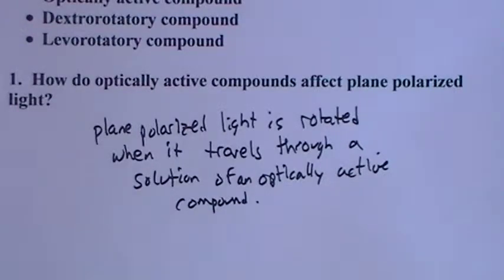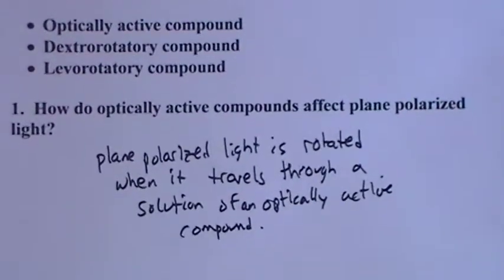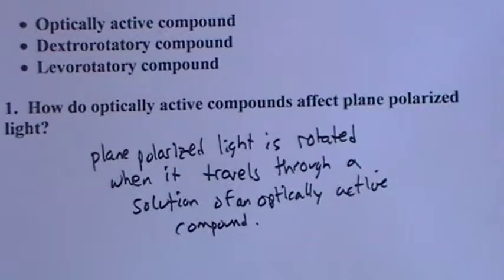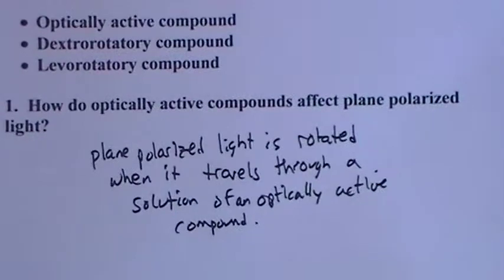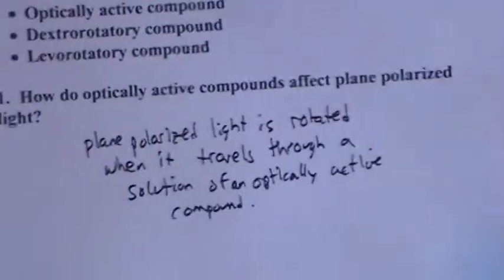And that seems like, well, that's lovely, but who cares? Well, we'll look at that in a second. So we should just know that that's really the only way that we can physically determine an optically active compound if we don't know its structure. We can do chemical reactions on it, but just physically this is a way of determining it.